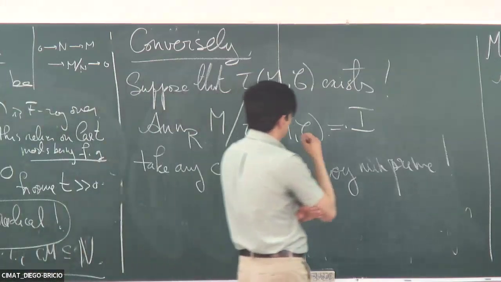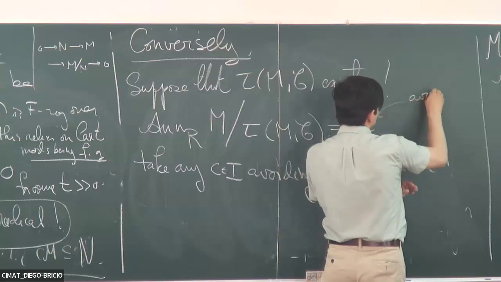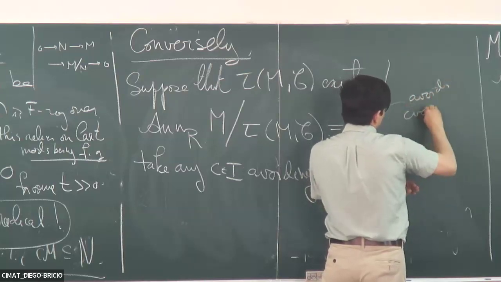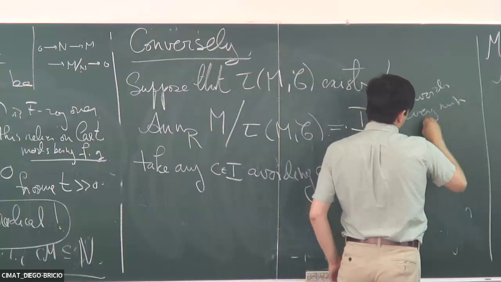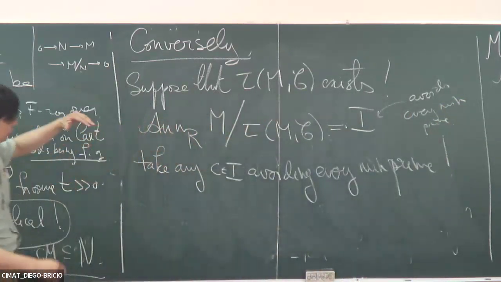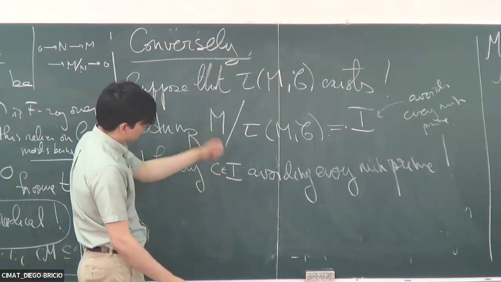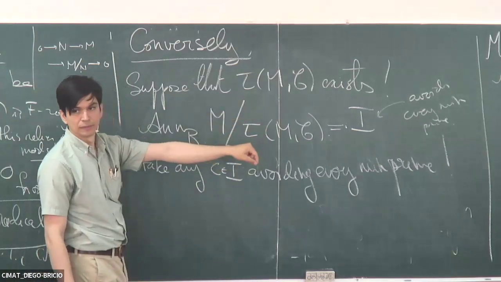So I guess the way to put it, yeah, this avoids every minimal prime. So here I just took C such that the first condition we want to prove holds. When you look at the principal open defined by C, you will see every single minimal prime in there.